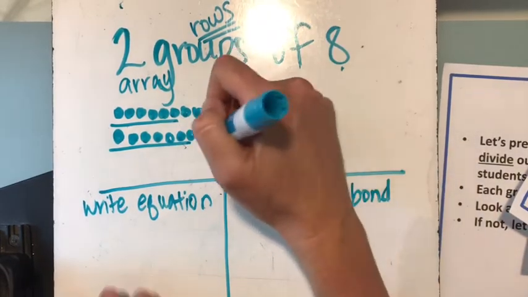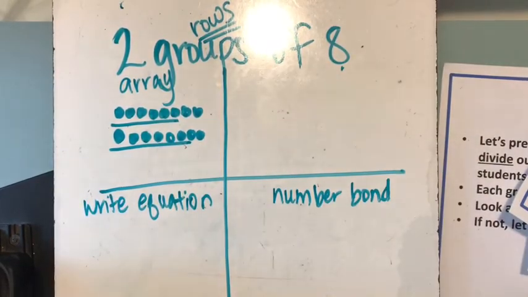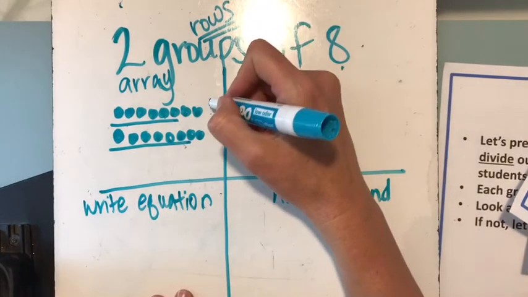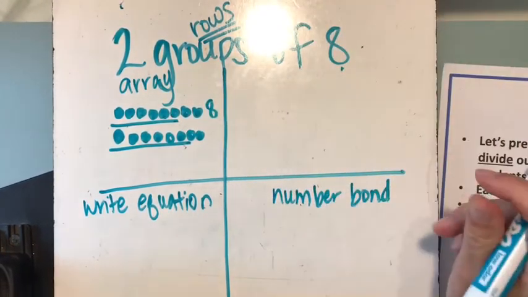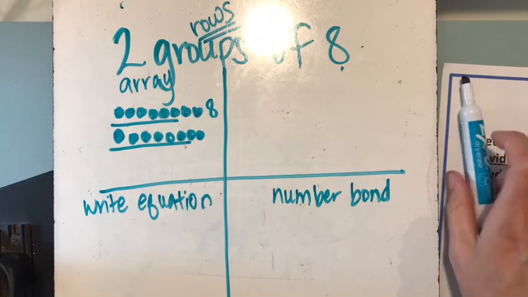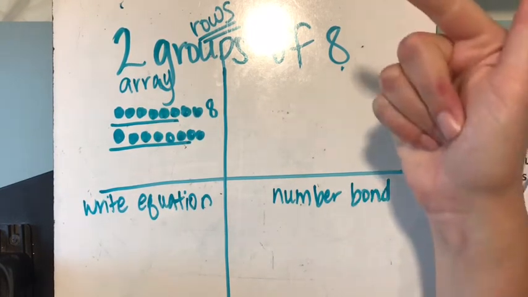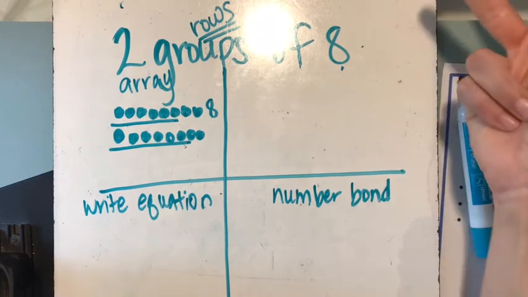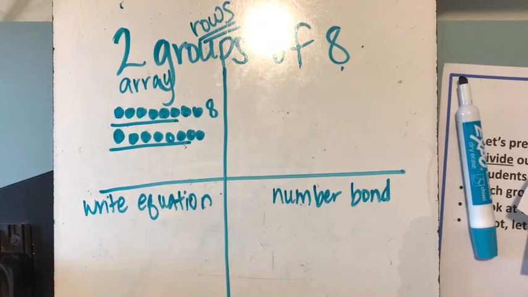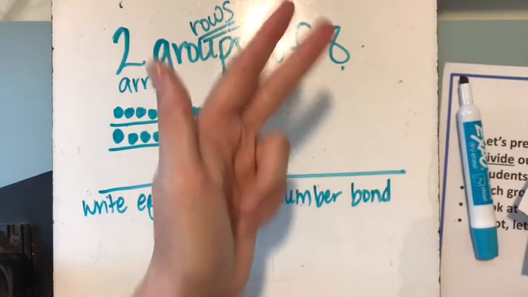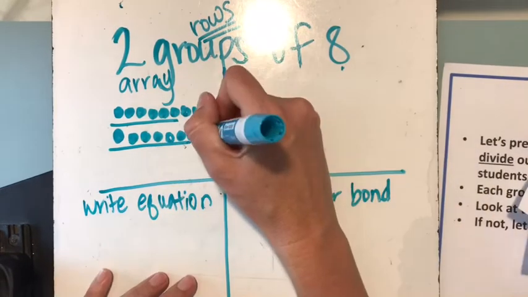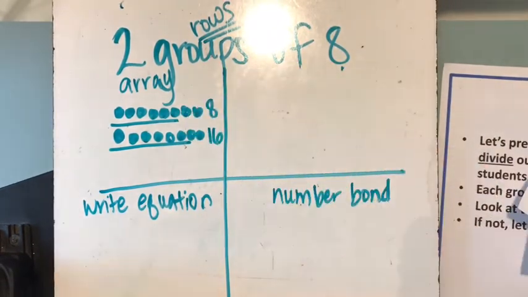And now I'm going to skip count to figure out what my total is. 8, and if I skip count, oh gosh, that's a big one. I haven't really practiced my skip counting by 8, so let's go. 8, 9, 10, 11, 12, 13, 14, 15, 16. Okay, so I know the next number is 16. There's my total.